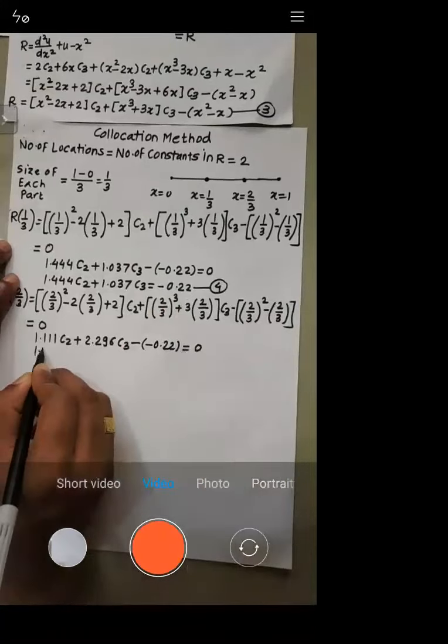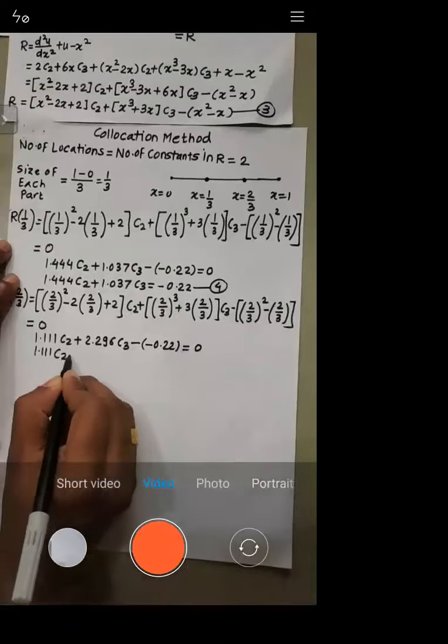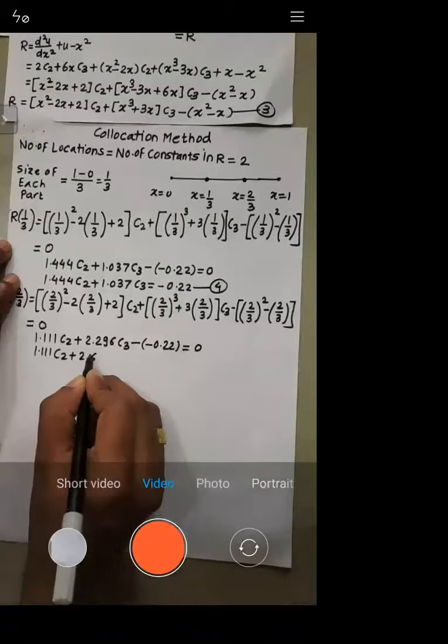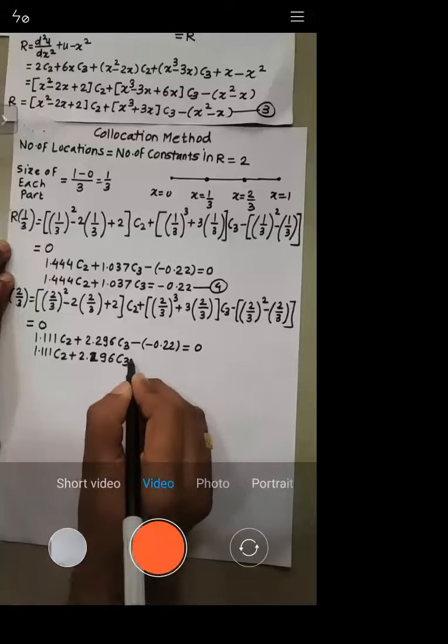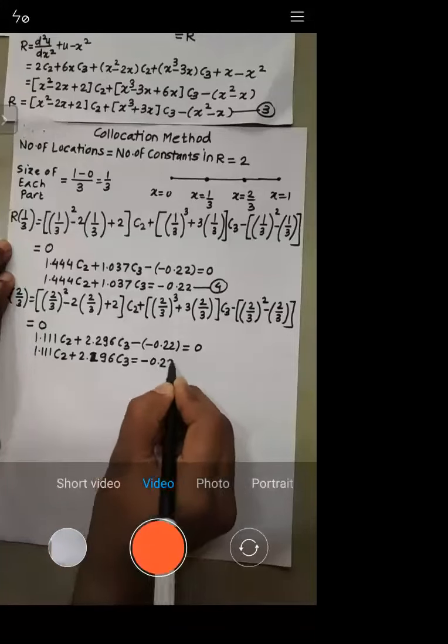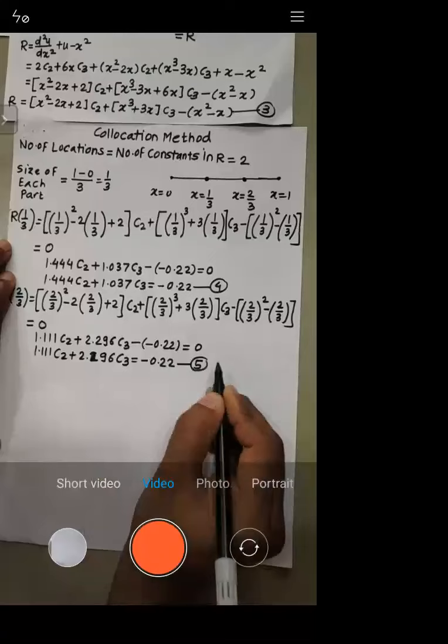So I'll write down 1.111 C2 plus 2.296 C3 is equal to minus 0.22. So let me call this as equation number 5, right?